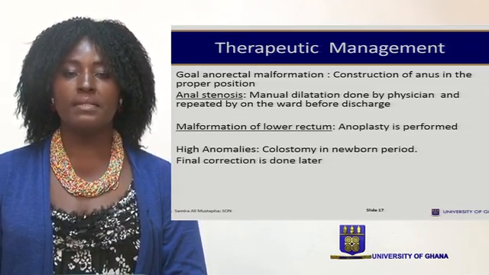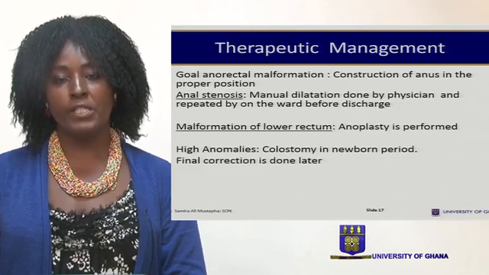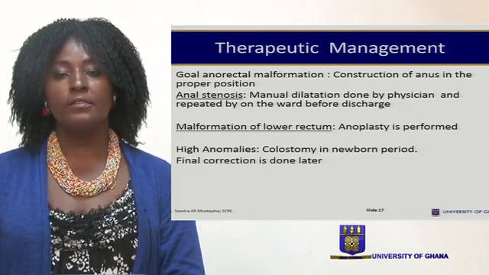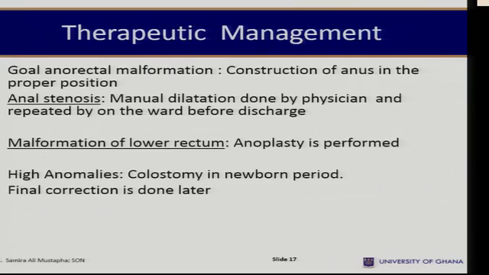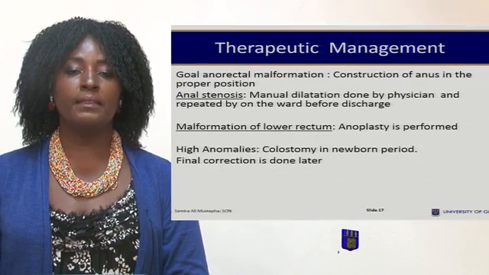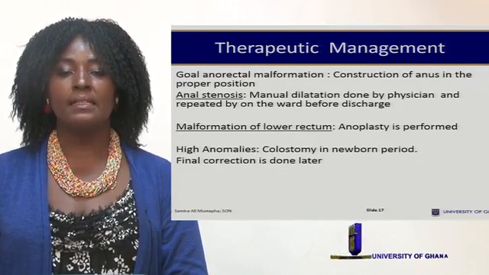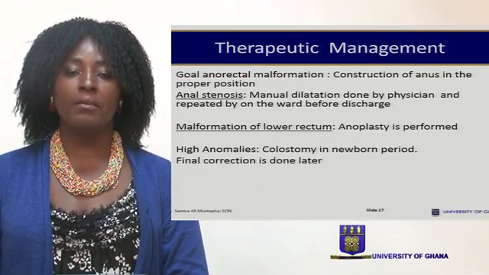In cases where there is malformation of the lower rectum, anoplasty surgery is needed to correct the anomaly. In cases where there are high anomalies involving the large bowel, a colostomy is created so that the large bowel is brought onto the anterior surface of the abdomen to empty it until the final correction is done.